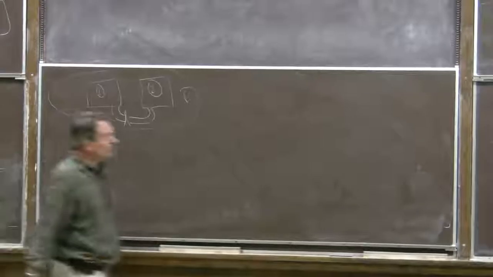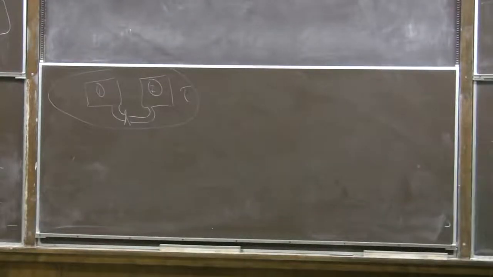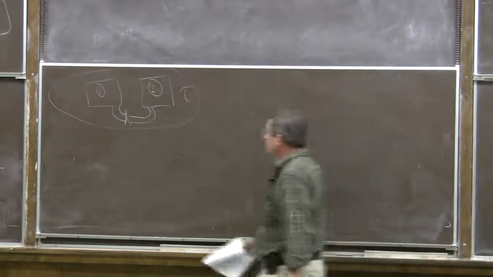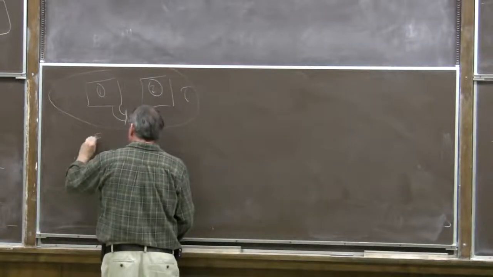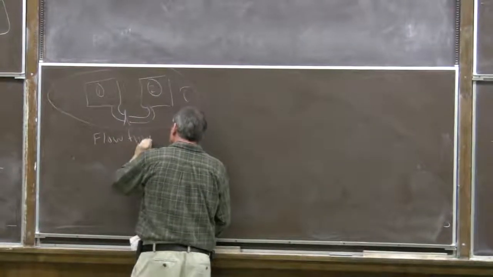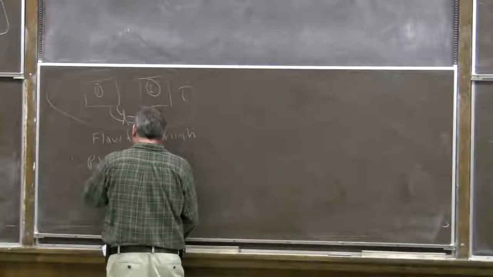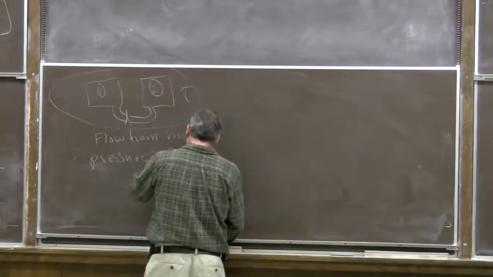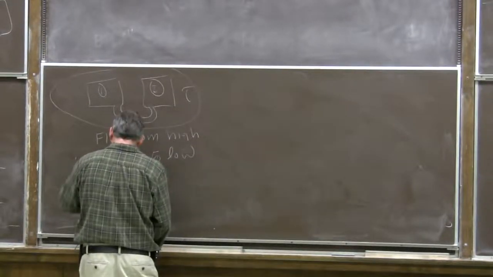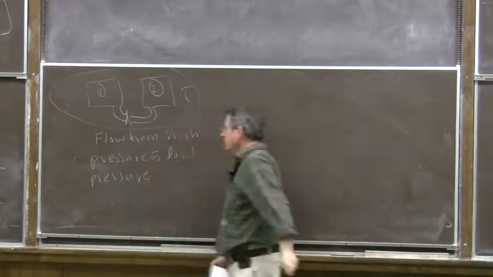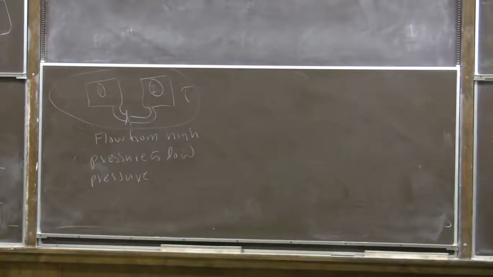So to seek out a more probable configuration, the particles will want to go through the membrane from the high pressure or high concentration region to the low concentration region. The particles flow from high pressure to low pressure, or correspondingly, for the ideal gas, high concentration to low concentration, until the concentrations and the pressures are equal, and that's the equilibrium configuration.